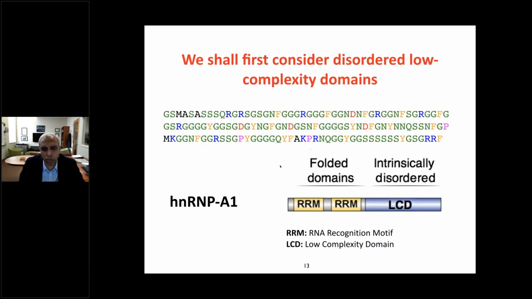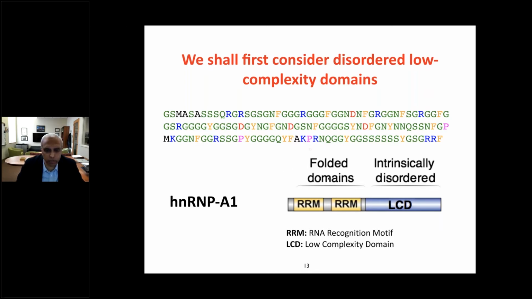I will go to a fairly challenging system to address this issue first, because in systems such as the one shown in the bottom, where there are well-defined RNA recognition modules or folded domains, identifying the stickers is generally a bit more easy because the well-folded surfaces of these domains generally have what we think of as being hotspots for protein-protein or protein-RNA interactions. And so identifying stickers would seem at first glance to be a relatively easy adventure, if you will, when confronted with folded domains.